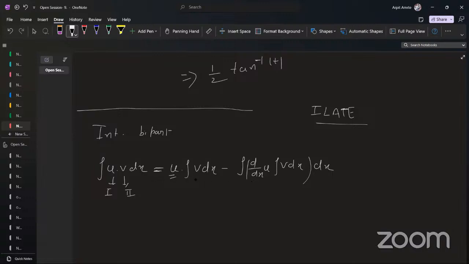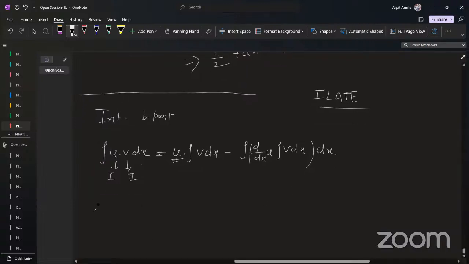If you have a function like u into v, I will give you an example. You have to decide which will be your first function and which your second. The first step: take the first function as it is, then integrate the second function, then minus the whole integration of the derivative of the first function and the integration of the second function, and then whole dx.